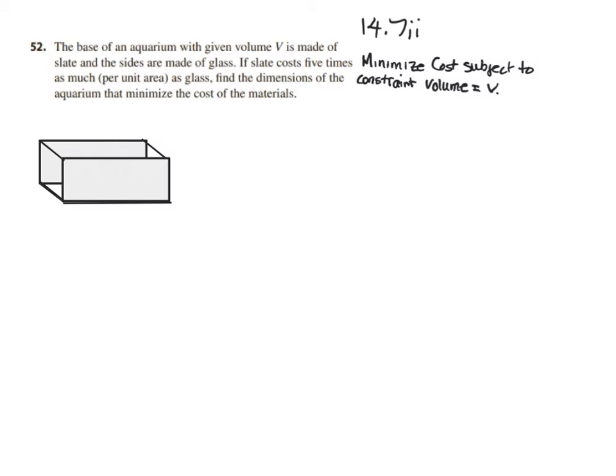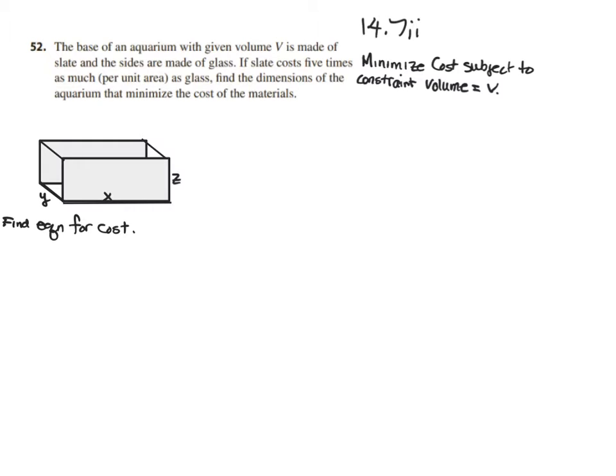So we need to find an equation for the cost, a function. Let me just call the dimensions of this box: let z be the vertical, and we'll go y here and x here. And what else do we know?